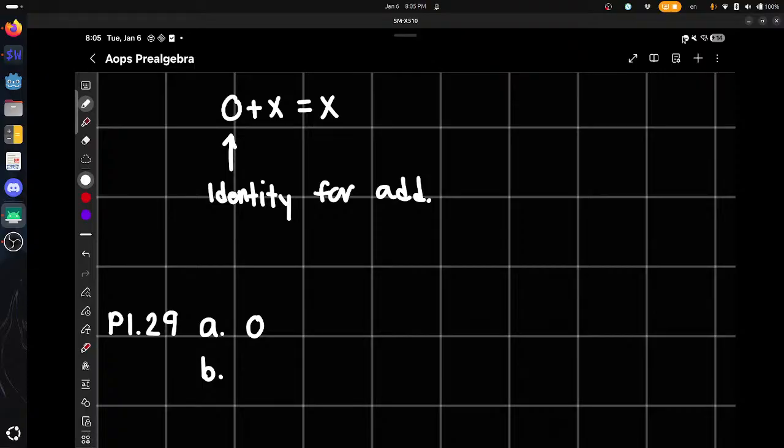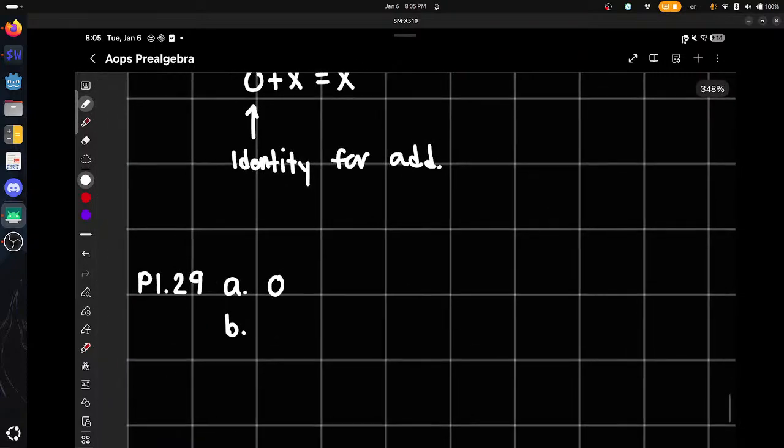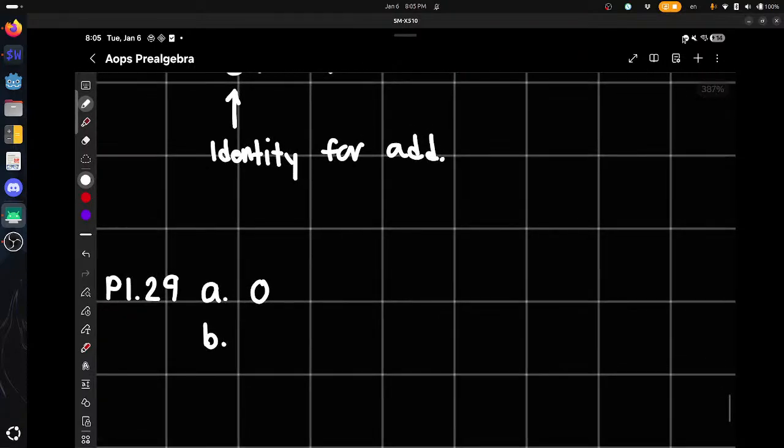Using part A, explain why 0 doesn't have a reciprocal. Hold on, let's go back to problem A again.